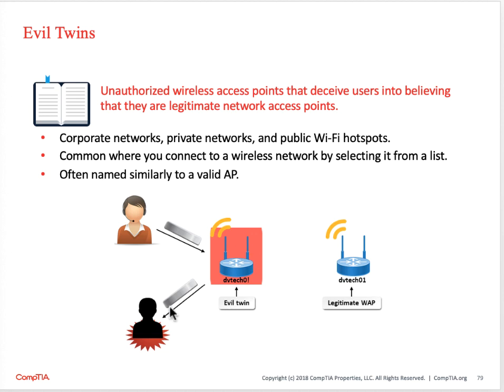Usually this might have a stronger connection or something like that, and so they're going to connect to this one rather than that one, and then the attacker is gathering all the information that's passed through. A lot of times you're going to see this in areas where there are a lot of people. So be careful of that, especially at the airport, because a lot of airports like to charge for access to the internet, and if you see a free one, you're most likely going to click it.